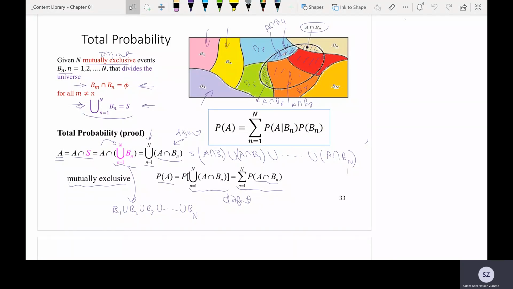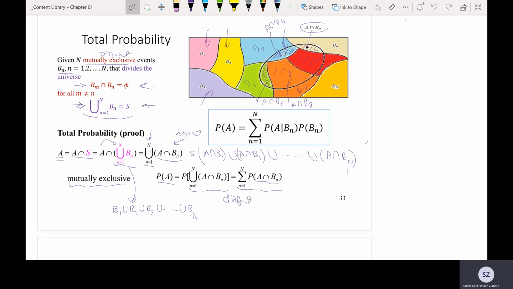So last time we started talking about the total probability, and you said that in order to calculate the probability of an event A over a certain random experiment, where the sample space is partitioned by different sub-events B1, B2, B3, and so on, such that all these events are disjoint and mutually exclusive, there is no common factor between them.